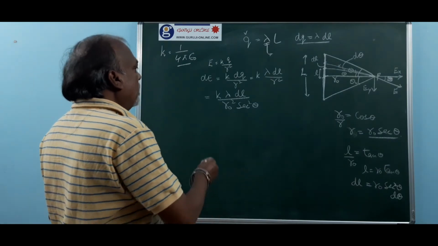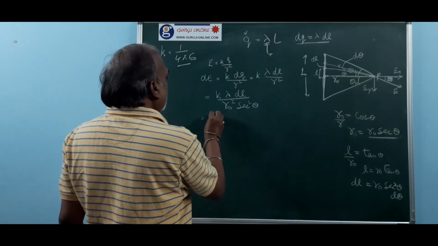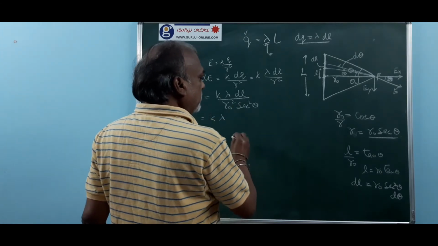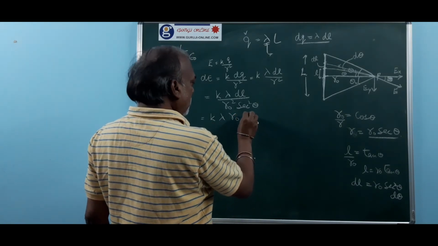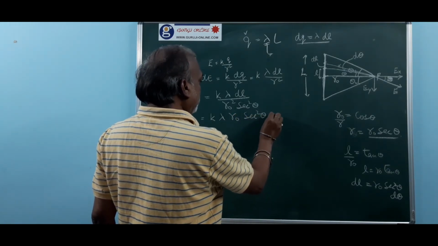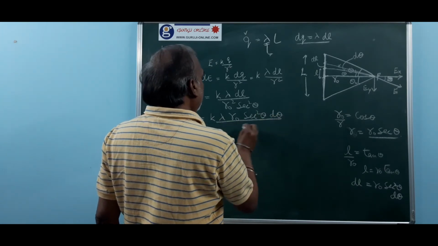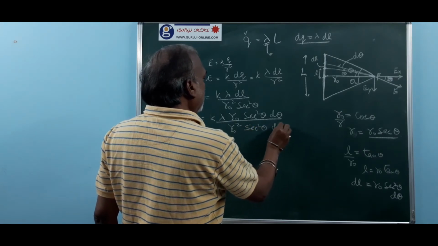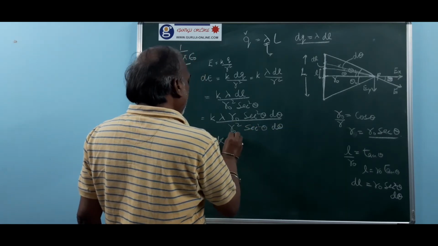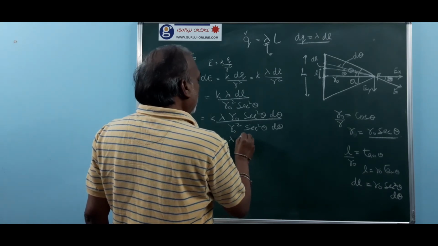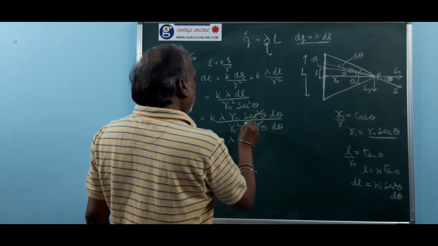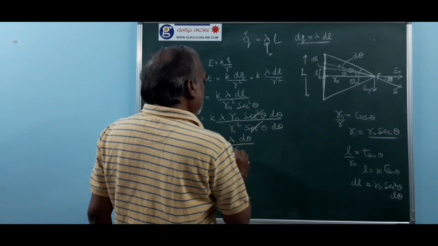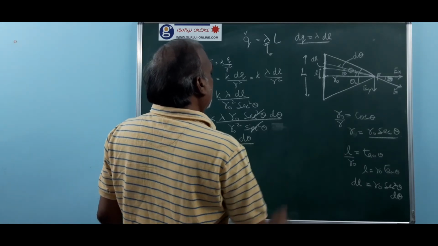Okay, so we can write it as K lambda dl, which is R0 sec square theta d theta upon R0 square sec square theta. This reduces to lambda, this sec square goes off, then K lambda d theta upon R0, correct?